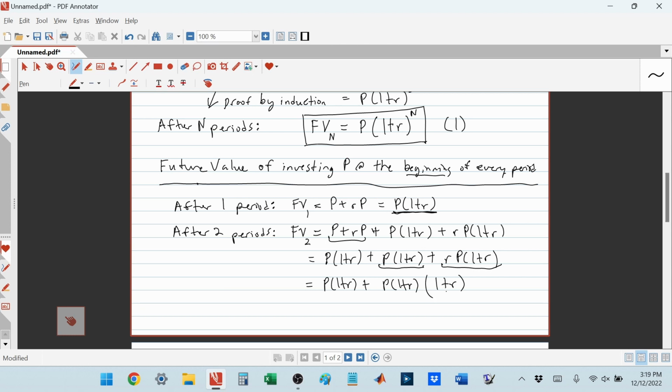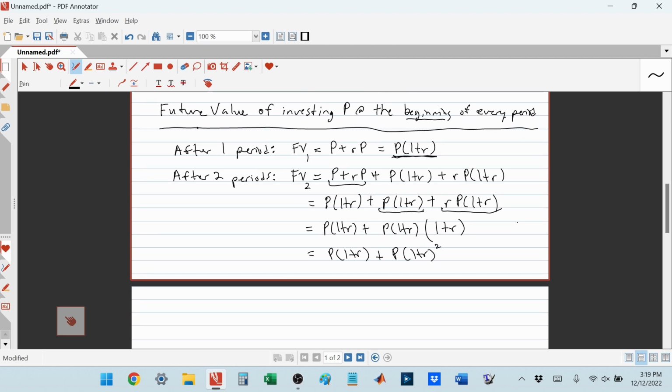And we have that. This is the same as P times 1 plus R plus P times 1 plus R squared. And that's the same thing as P times 1 plus R, and then 1 plus 1 plus R, like this.